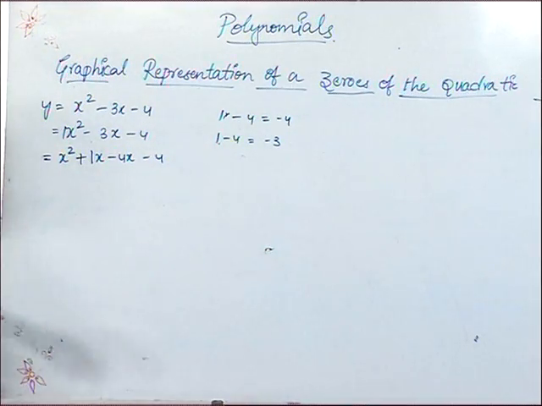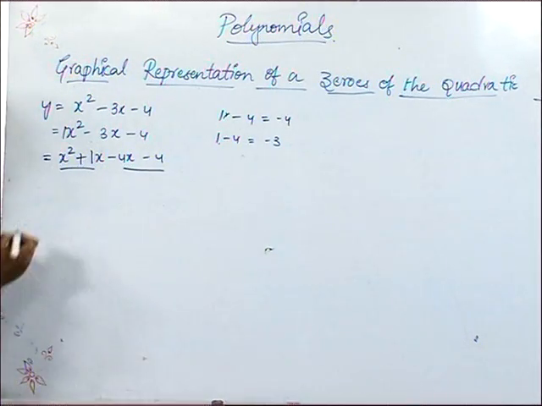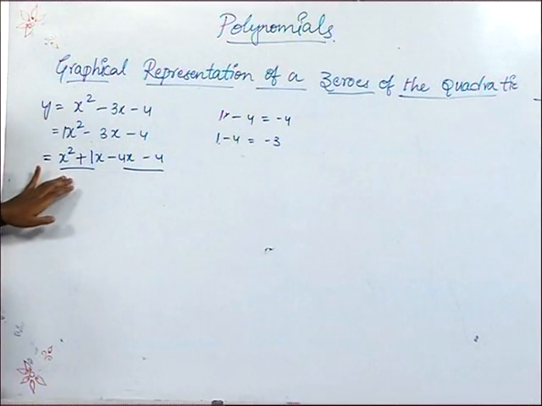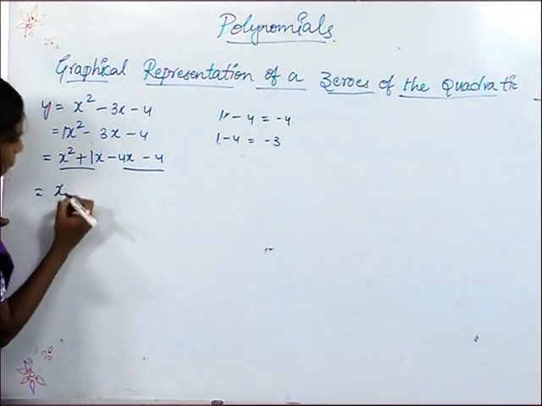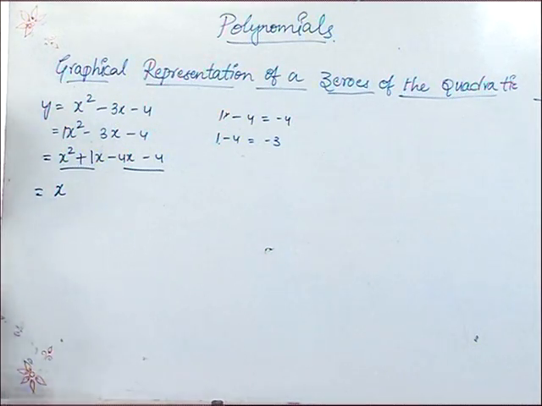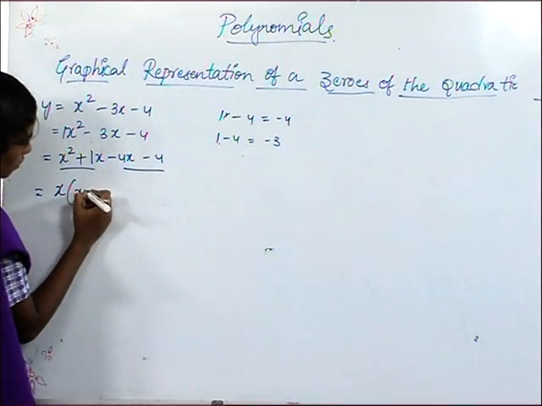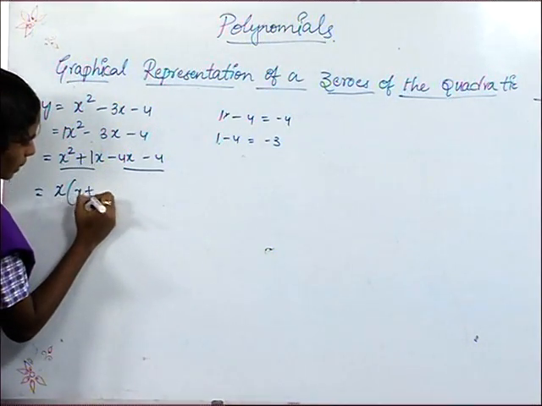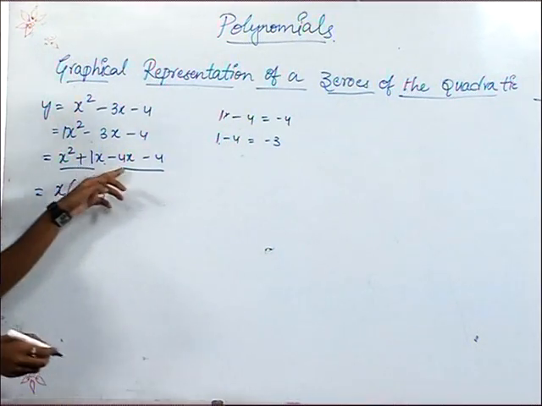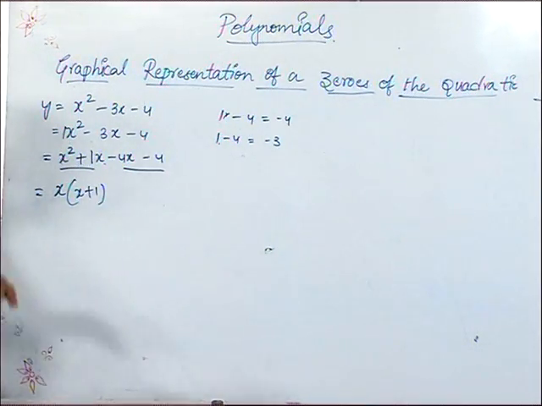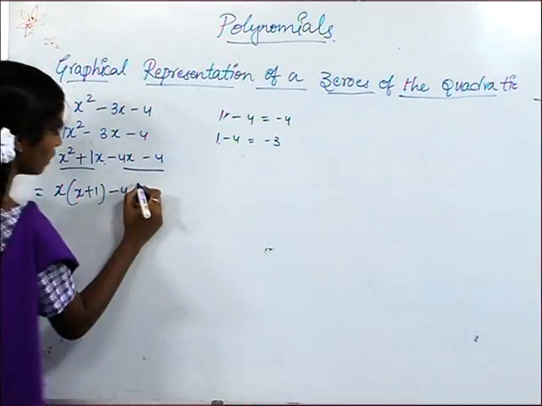In this I am going to take this as one term and this as one term. In this term I am taking x as common. So the remaining x will be left out: x plus 1, and already this x is common. Now in this term I am going to take minus 4 as common.